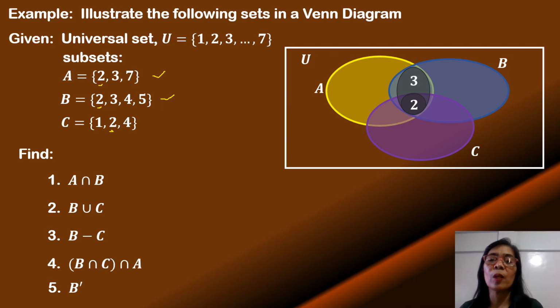So you write that one in the region showing the intersection between A and B. Then let us go now to the intersection between B and C.